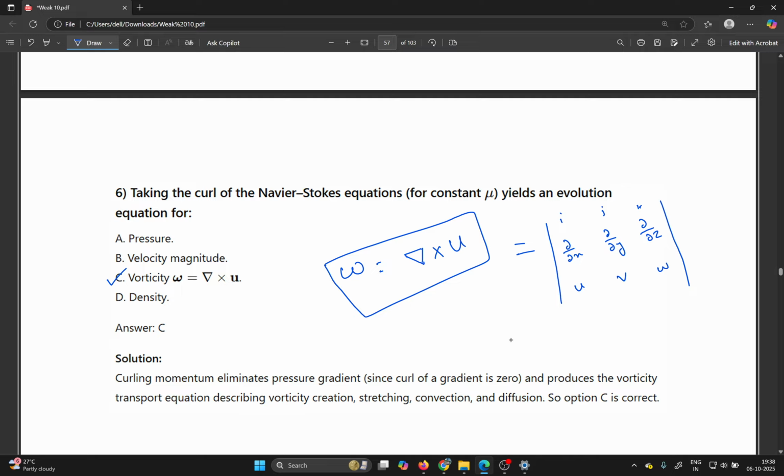This is the concept. When you take this curl, you get the i component. You have to solve it like a determinant.